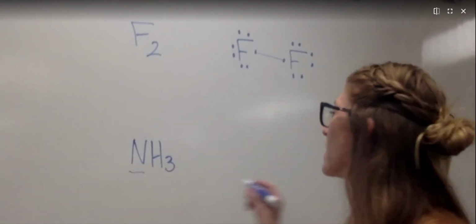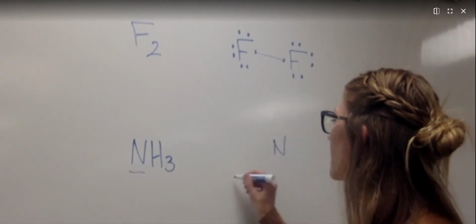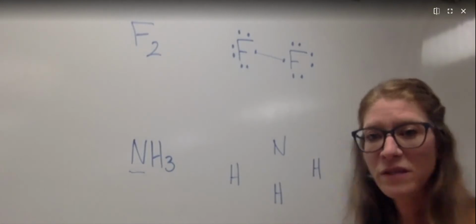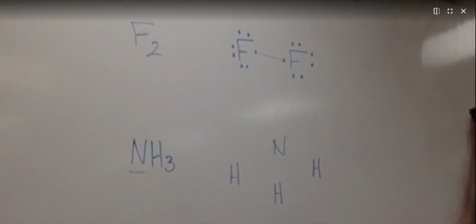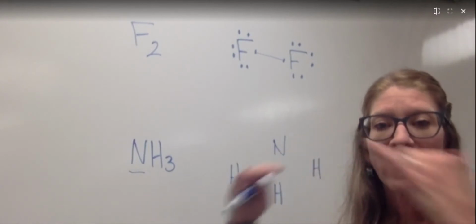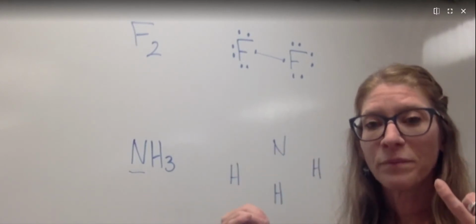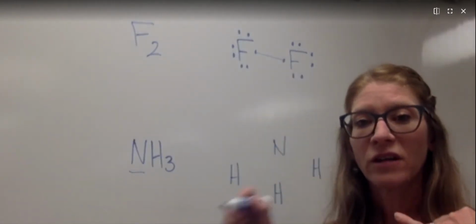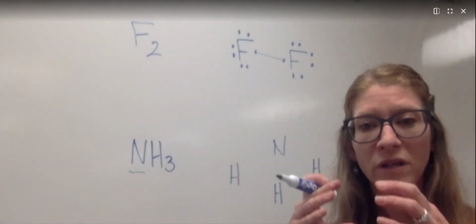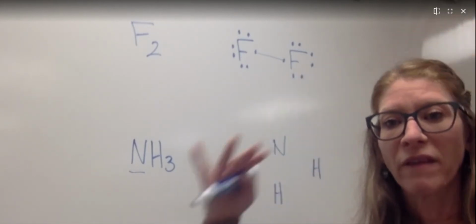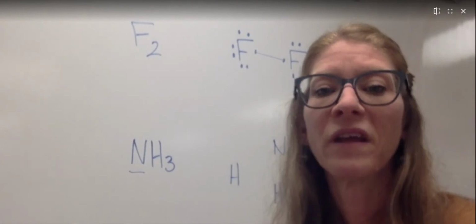So in this case, nitrogen is going to go in the middle, and then we'll put our 3 hydrogens around it. All of the structures that you'll draw will have a central atom, and then elements coming off of that central atom. You will not ever have any that are enclosed like a triangle or a square or anything like that. They will all have a central atom, and then we'll branch off from there.